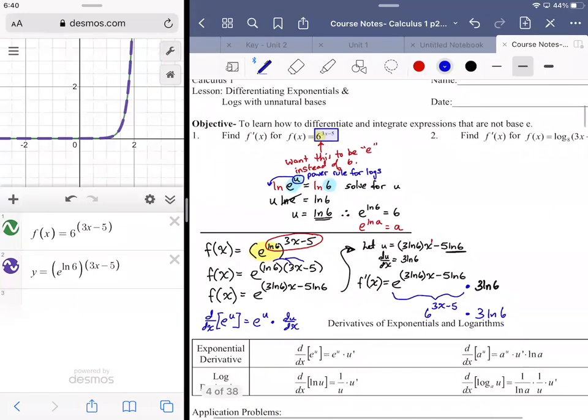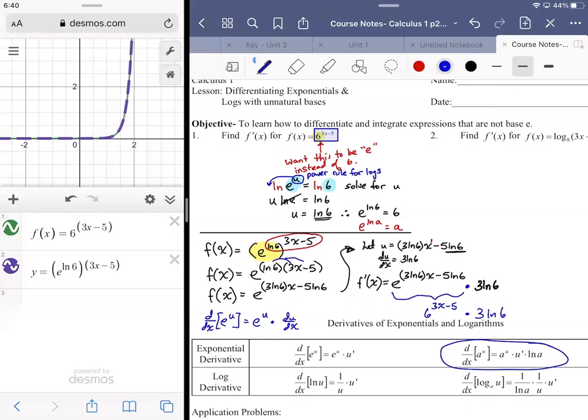It's kind of placed in a weird spot, but this is what the shortcut would be. If you look at it, we have some expression a to the u, not necessarily e. It's telling us to rewrite a to the u. So in this case, 6 to the 3x minus 5. We did that. That's this. Multiplied by the derivative. U prime is the same as du dx.